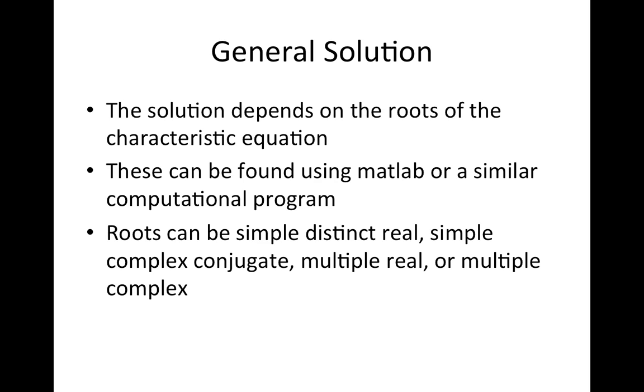So for example, we could have a double complex conjugate root, meaning we would have an equation to the fourth power, and it would have a double root that was a complex conjugate pair. So things get a little more complicated because you can have double roots.